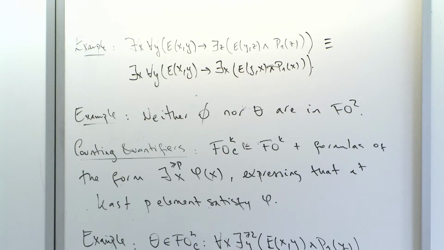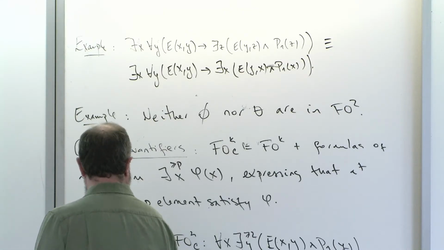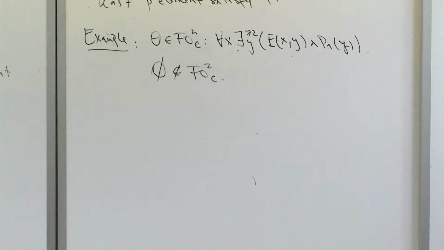So once we have counting quantifiers, we can reduce the number of variables we use to express some formulas. On the other hand, for phi, the triangle, whether there exists a triangle in the graph with 2 variables, regardless of whether I allow counting quantifiers or not, counting quantifiers are not going to help me.